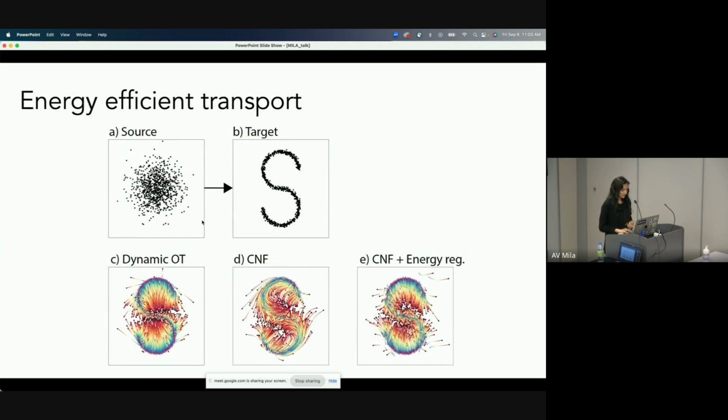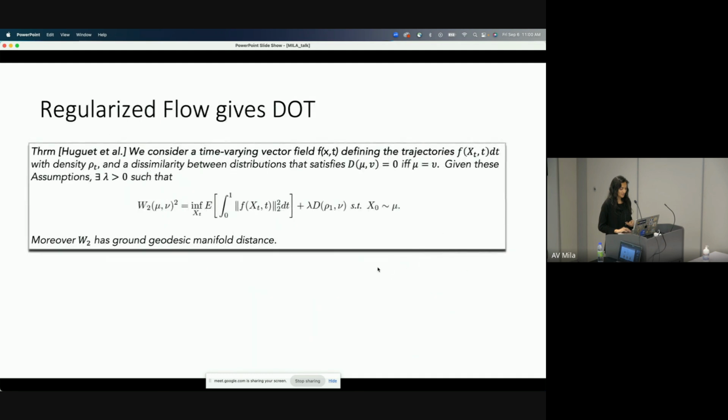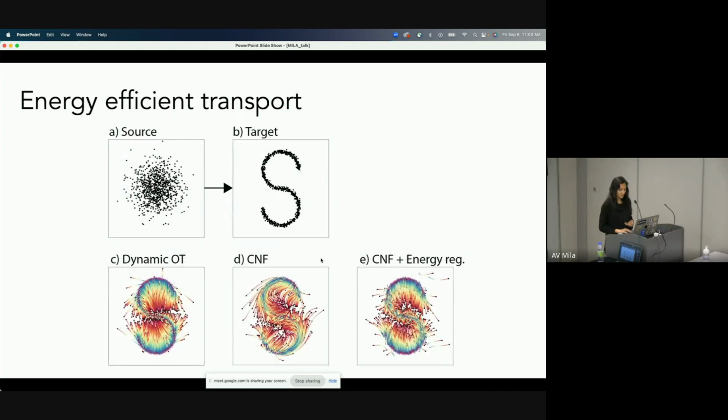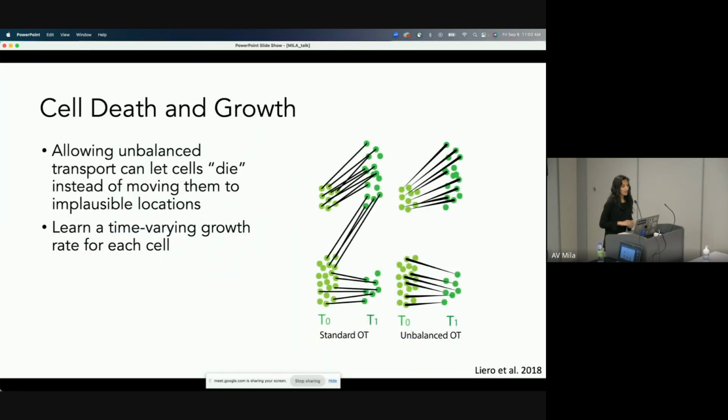The idea of dynamic optimal transport is that not only are you displacing these points, but you're considering the length of the path to get them there, so you don't have these wasteful slides down the S here, and instead you're going directly to where it belongs. So this is an example that shows that. And the more you hike up your energy penalty, this penalty right here, the more and more like dynamic optimal transport it gets.